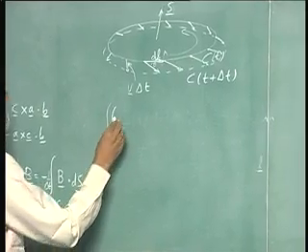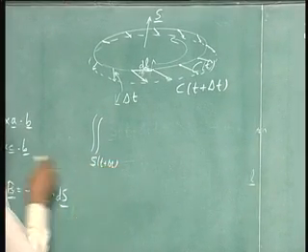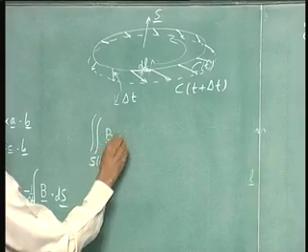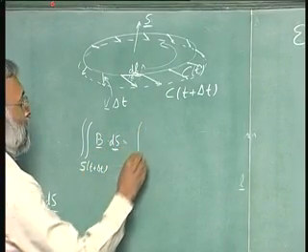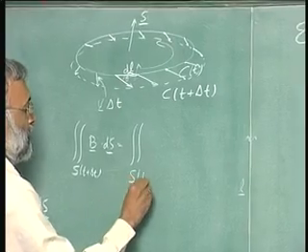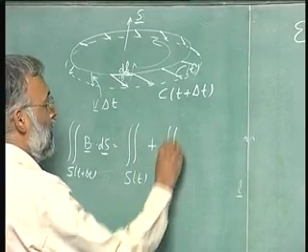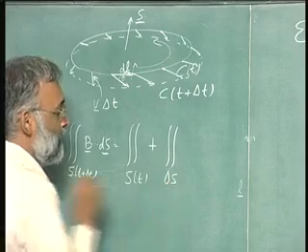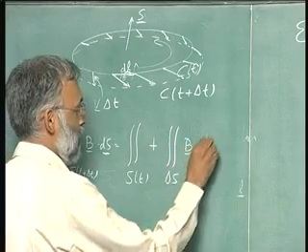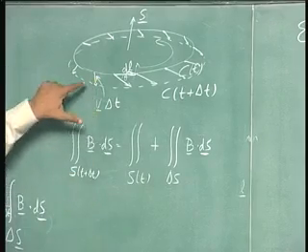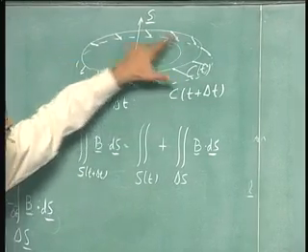So, my integral over s of t plus delta t b dot ds can be written as integral over the old surface s of t plus integral over the change in surface b dot ds. That is, to get the integral over the new surface, I integrated over the old surface and then I integrated over the ribbon.